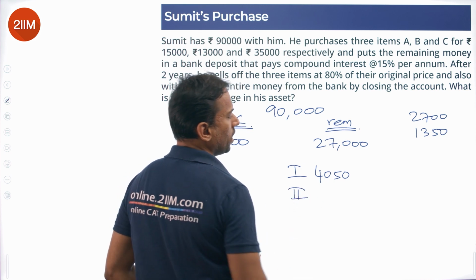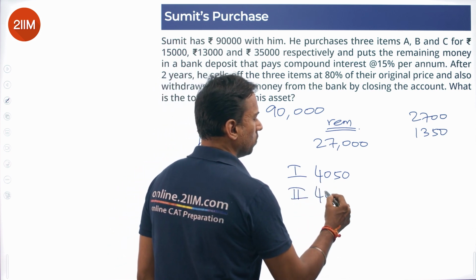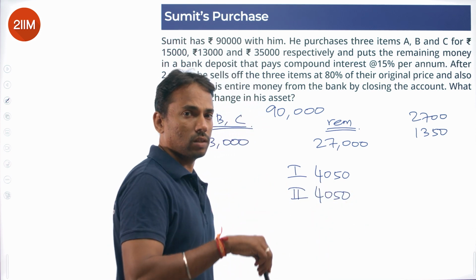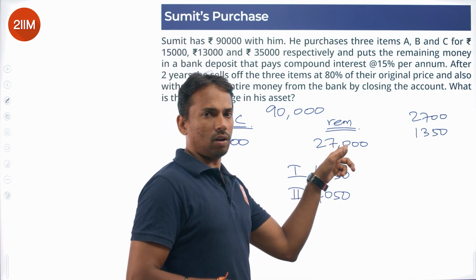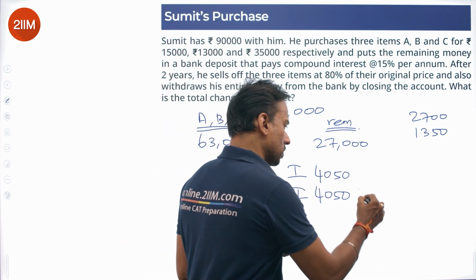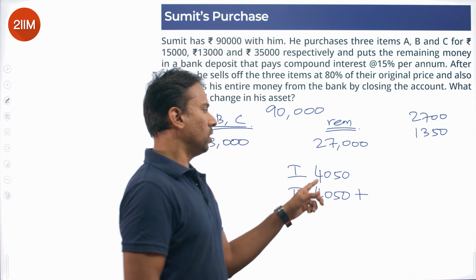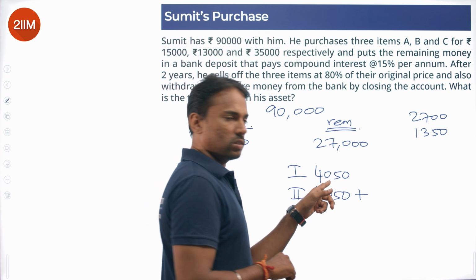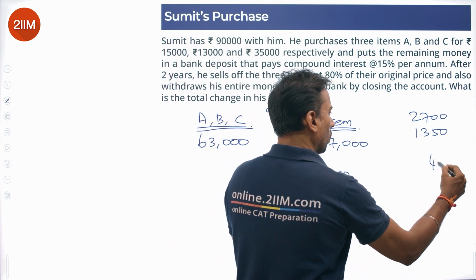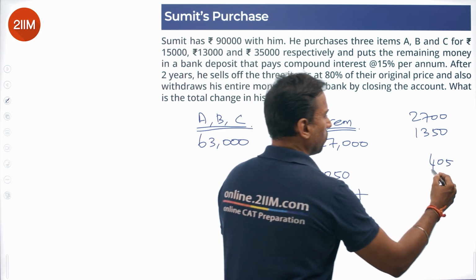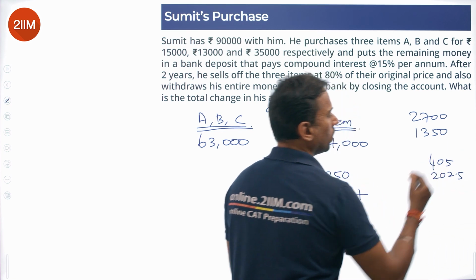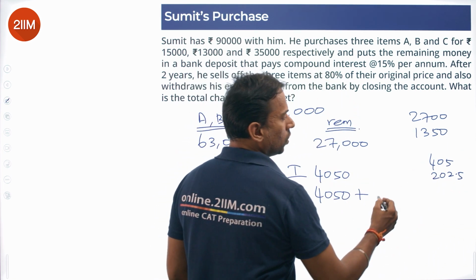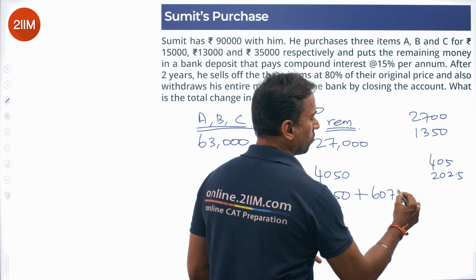In the second year, he will again get the same 4050 because this is compound interest. He will get an interest for this principal, and he will get an additional interest of 15% of this value. So what is 15% of this? 10% is 405. 5% of this is half of this, 202.5. That means he will be getting 607.5.